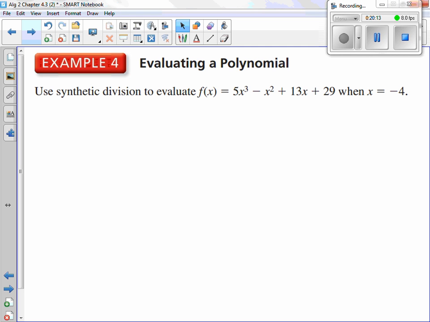Now, there is something interesting with long division and synthetic division. So, evaluate a polynomial. Now, if I told you to evaluate this beforehand, before using the synthetic division, what would we do with the -4? Well, I would just plug it in for the value of x, yes?